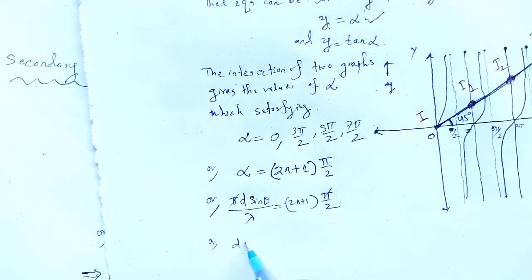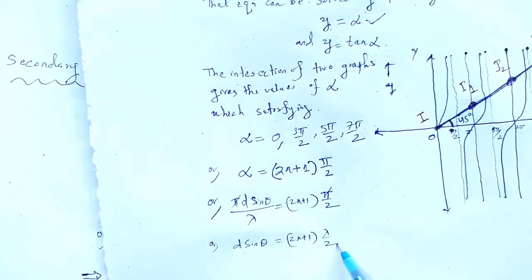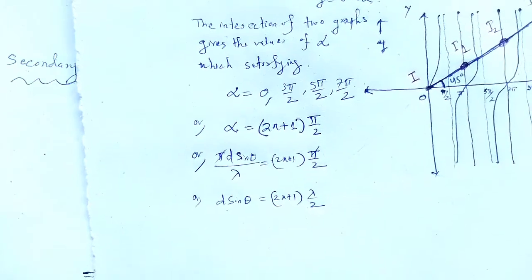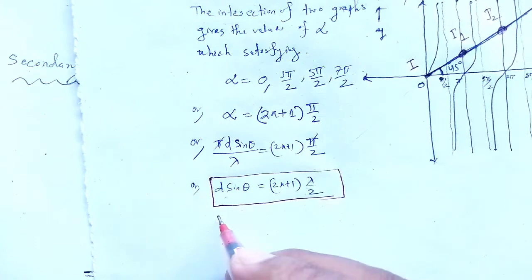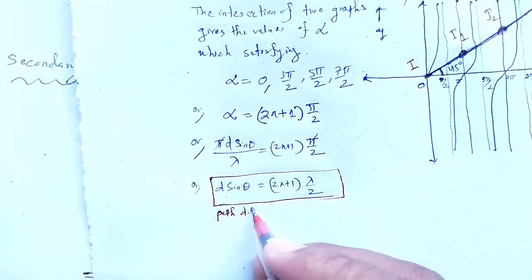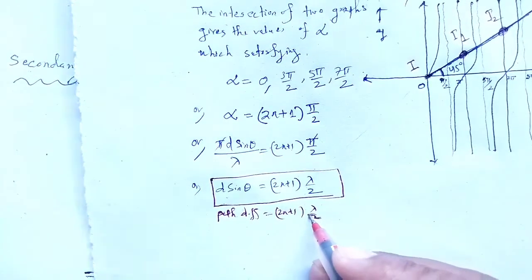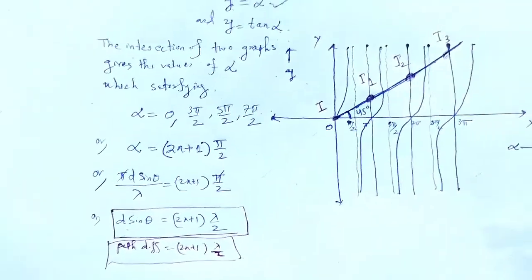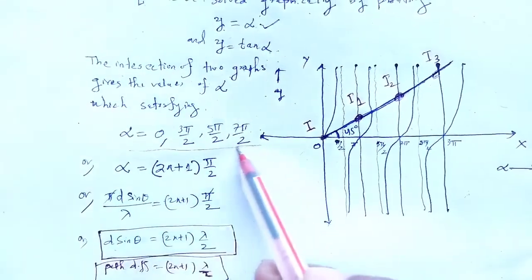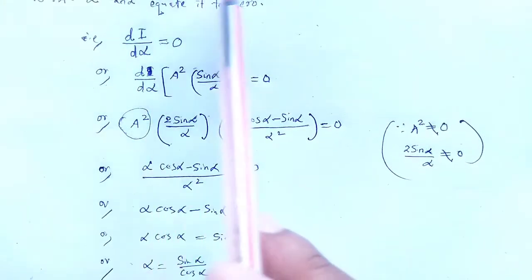Therefore d sin theta is equal to (2n plus 1) lambda by 2. Again, if the path difference is an odd multiple of lambda by 2, we have secondary maxima. These are the values of alpha that decide the directions of the secondary maxima.